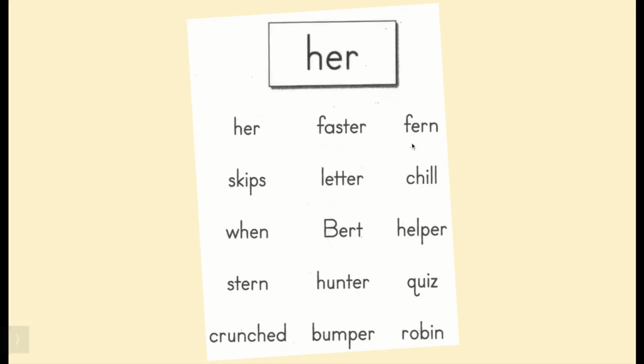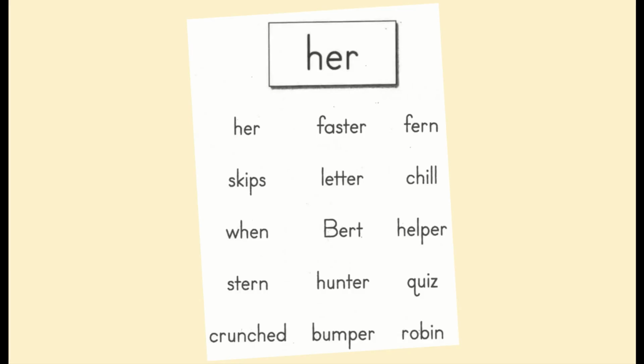What sound does fern start with? F. What sound does fern end with? N. What is the middle sound in fern? Er. What sound does chill start with? Ch. What sound does chill end with?